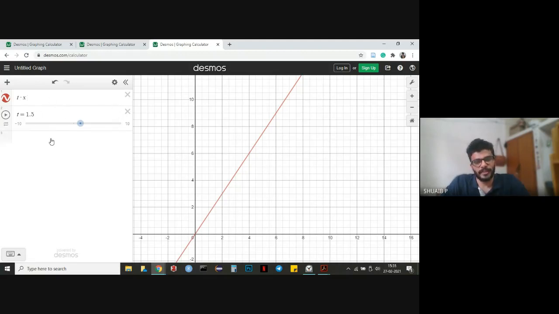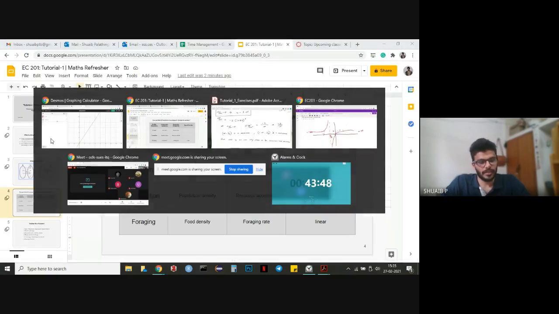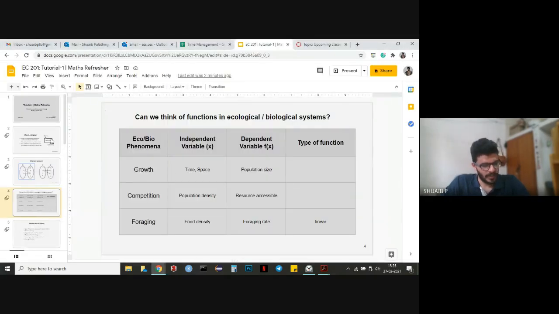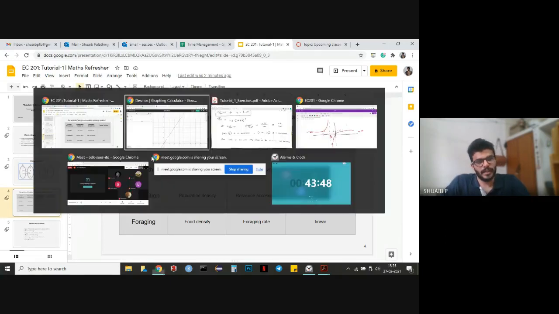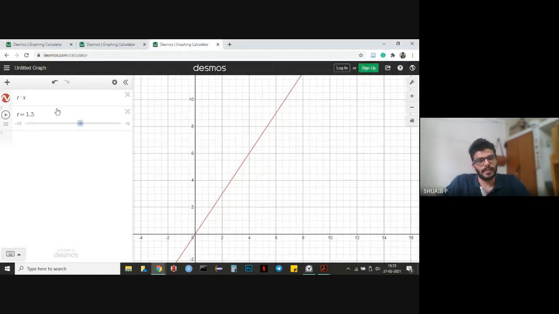Now if you make it much more complex and make it a saturating curve, suppose the organism has some handling time required before foraging.